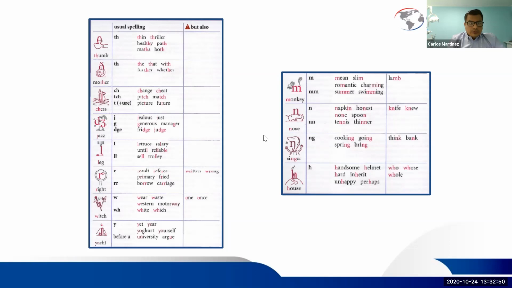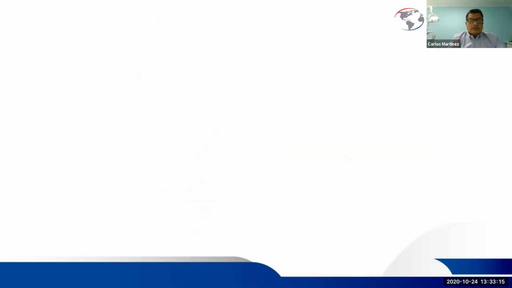So these are the different consonant sounds with their different letter representations. This is the phonetic symbol, and this is the graphic representation of each of these consonant sounds. Very good. Again, if you have any questions, remember you can ask in the chat area. I'm always checking. Let's go to the next.